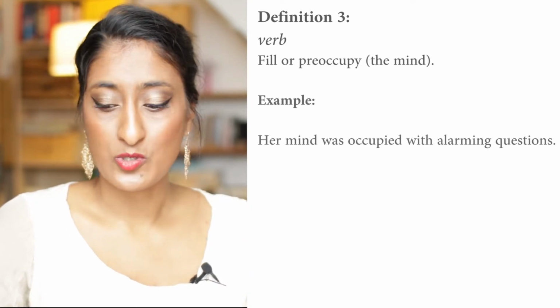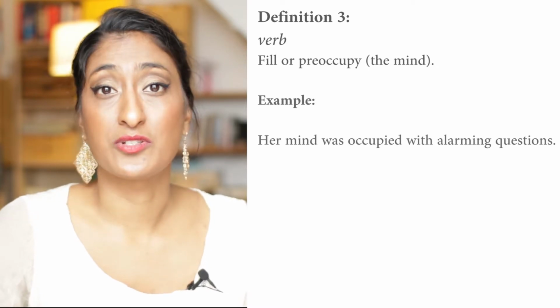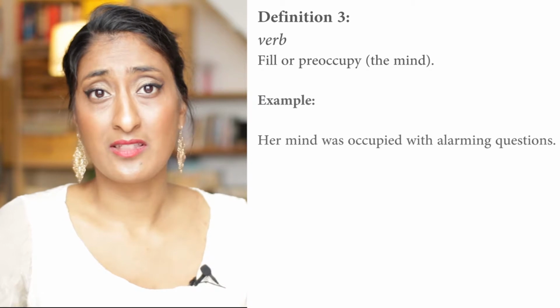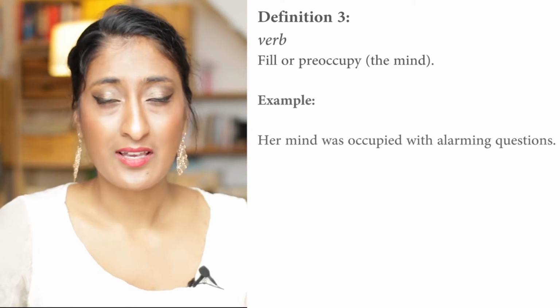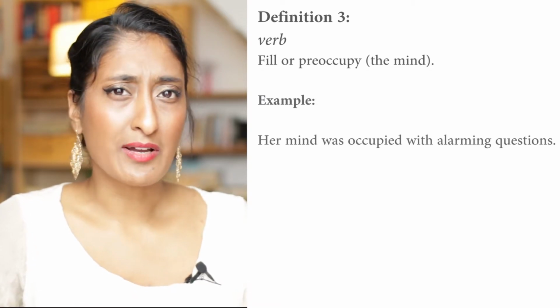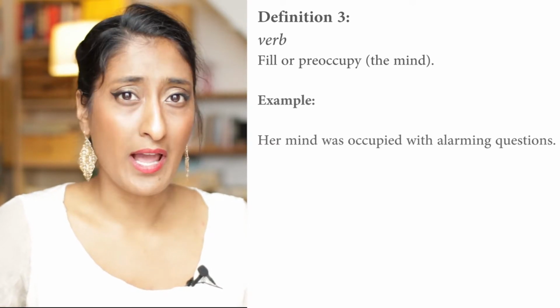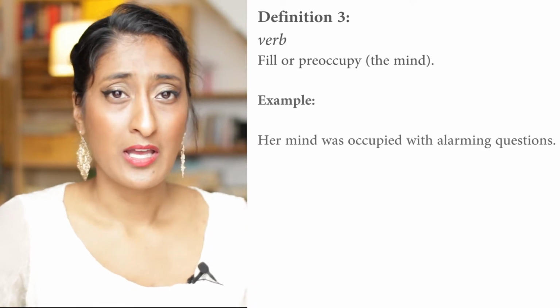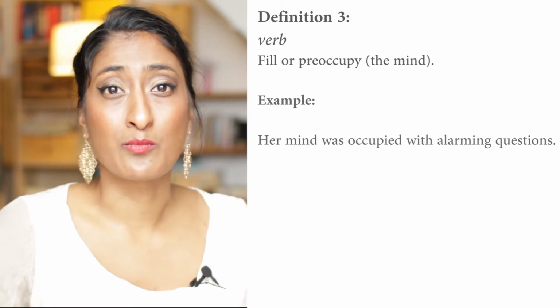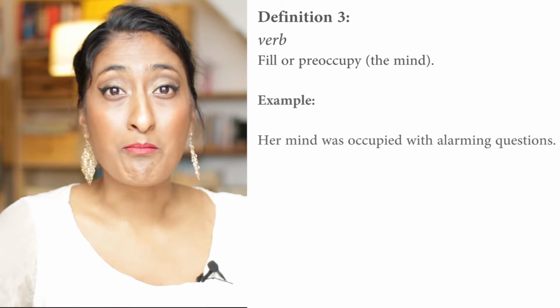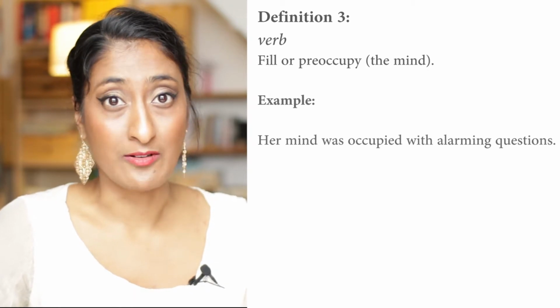Her mind was occupied with alarming questions. So in this example, we have a girl, maybe she is worried about something, and she's thinking about it so much that she isn't really aware of what's going on around her because all of her focus is absorbed in her thoughts. We can say that her mind is occupied elsewhere.